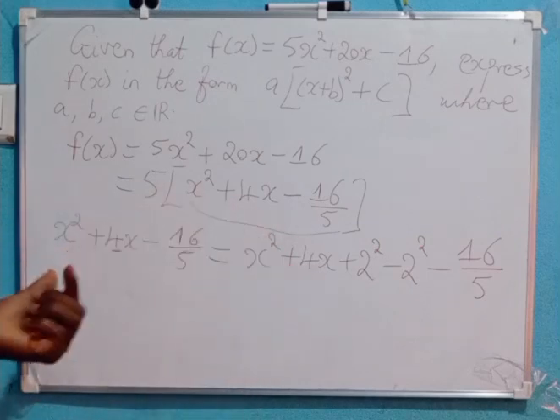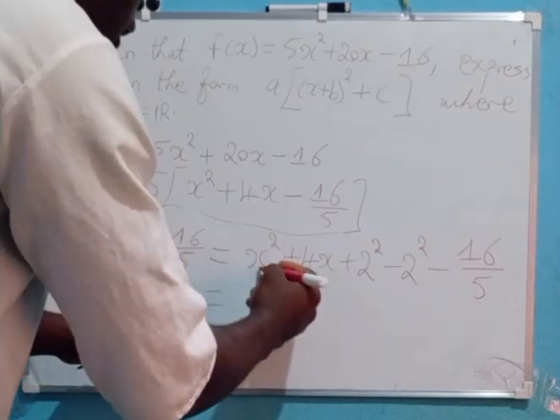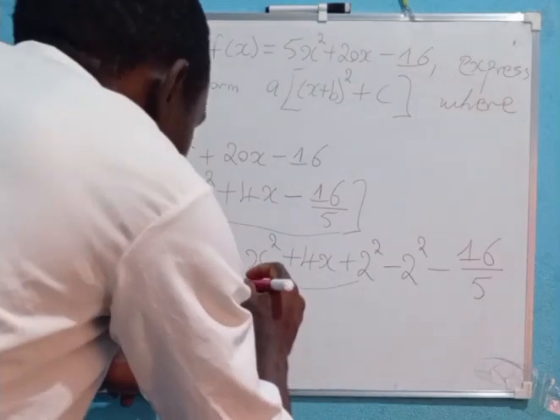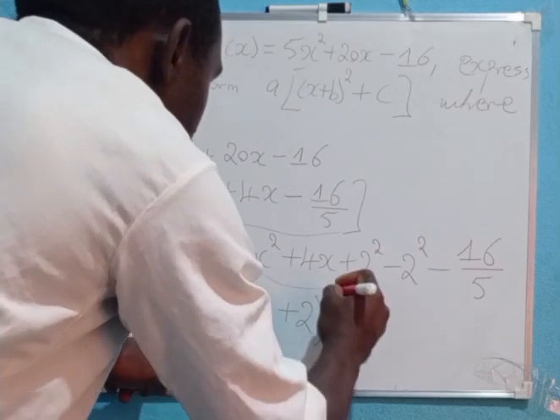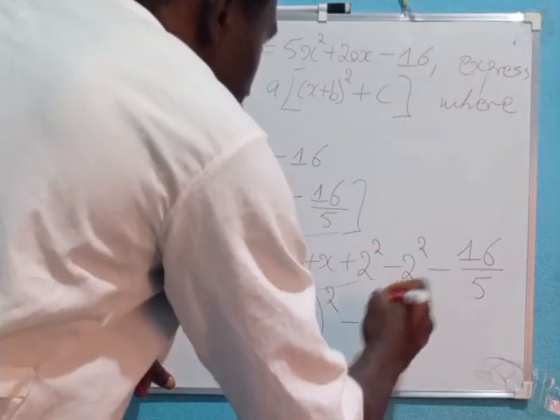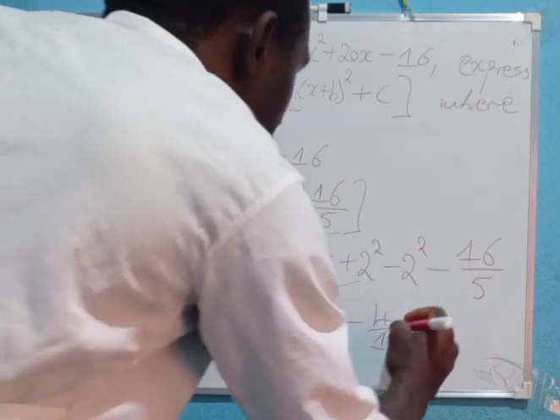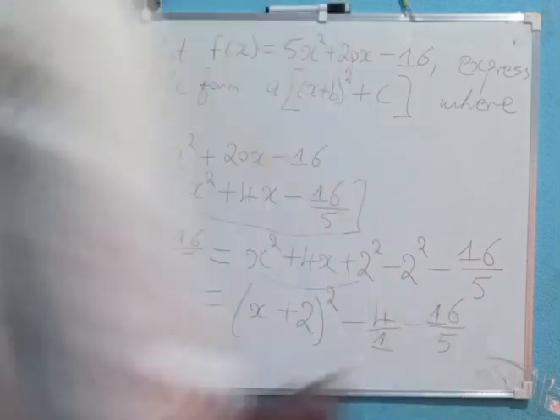They are equal. This will simply be equal to, this is a perfect square with factorization (x plus 2) all this squared, minus 2 squared gives us 4, which can be written as 4 over 1, minus 16 on 5.